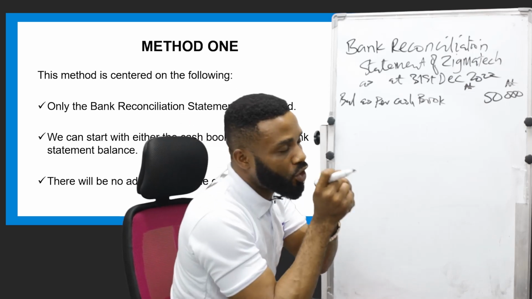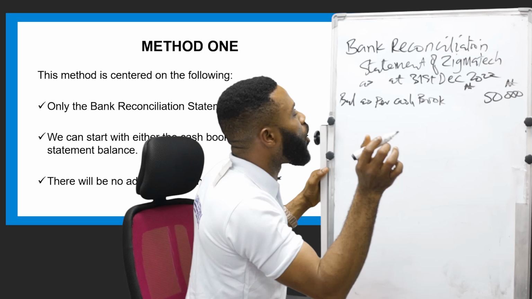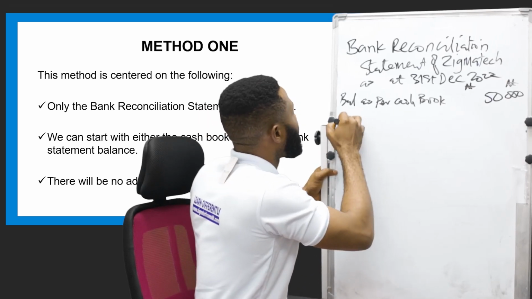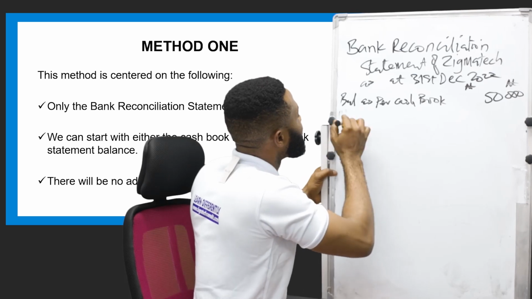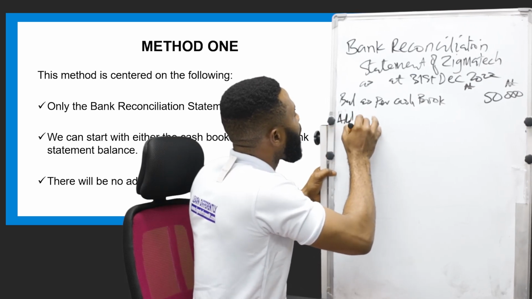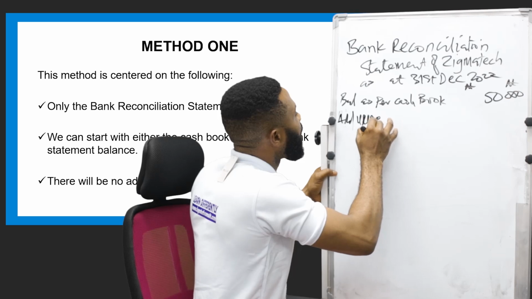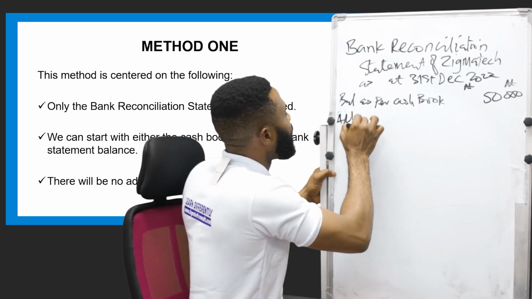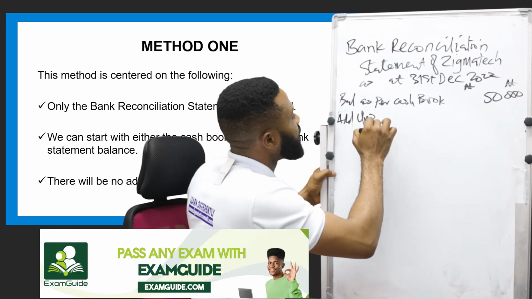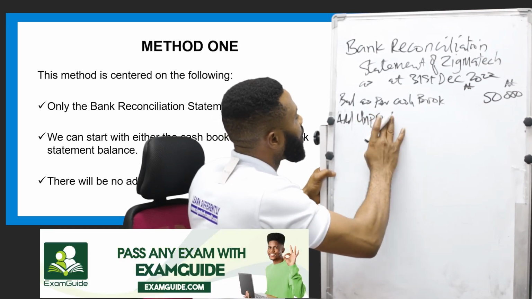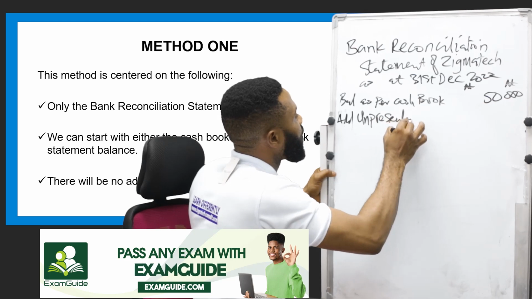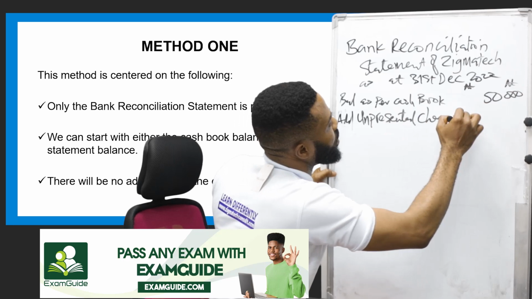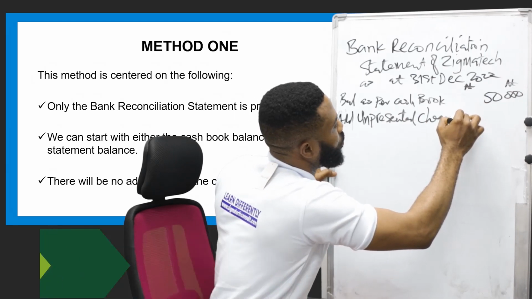One of such transactions is what we call unpresented check. So you write add unpresented check. Let's assume it is 1,000.